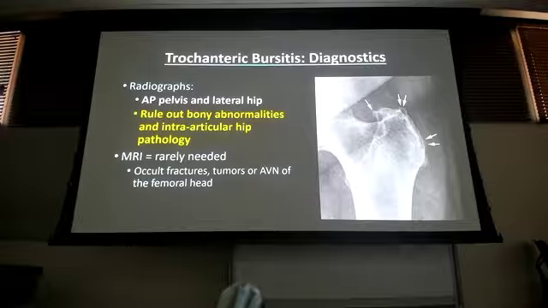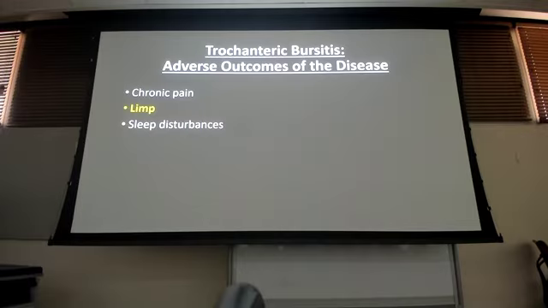So maybe an MRI in that case, but rarely needed just for primary diagnosis. If, again, your strong diagnosis is trochanteric bursitis, can we do an injection that's both diagnostic and therapeutic? Yes. So then you do your injection, patient gets pain relief, and you're like, okay, it was the bursa. Move on. No MRI needed. That's the example I'm giving.